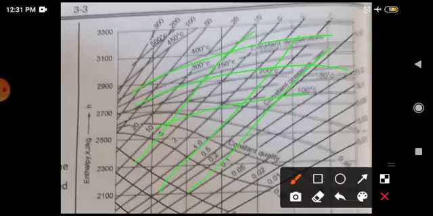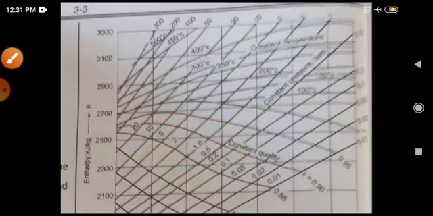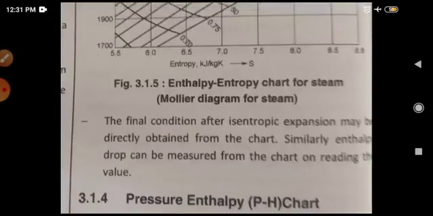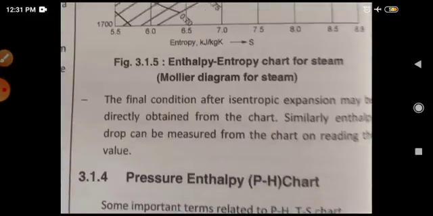All these lines are given, and the quality, that means dryness fraction, is also shown in the figure. The final condition after isentropic expansion may be directly obtained from the chart. Similarly, the enthalpy drop can be measured from the chart by reading the values.